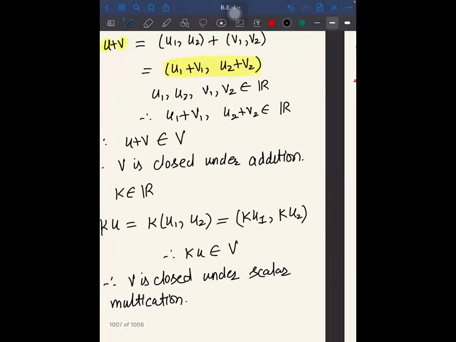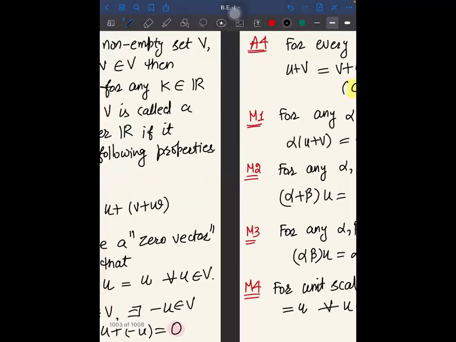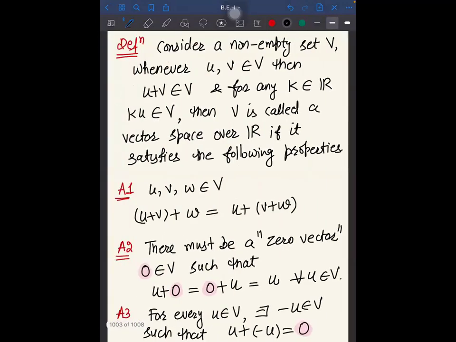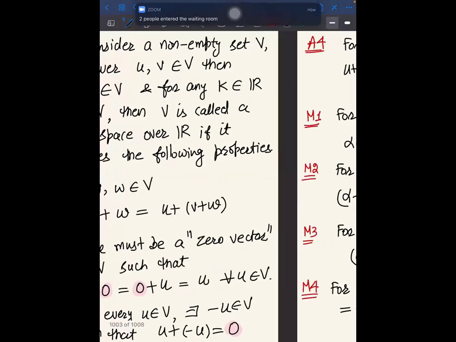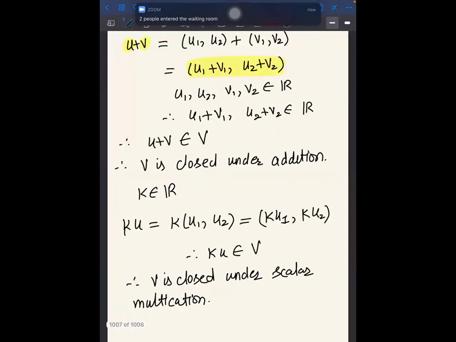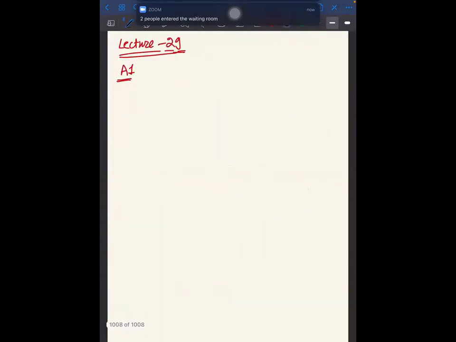What was A1? Let's go back to the properties of vector spaces. You see that A1 denotes associativity among the vector space, so elements should be associative under addition. So we need three elements.